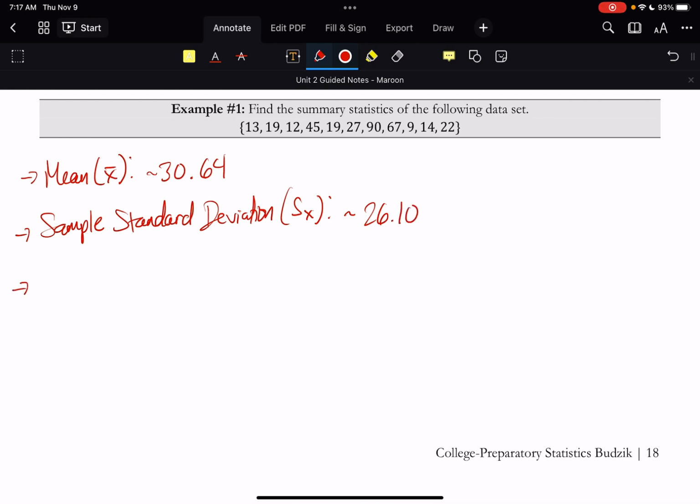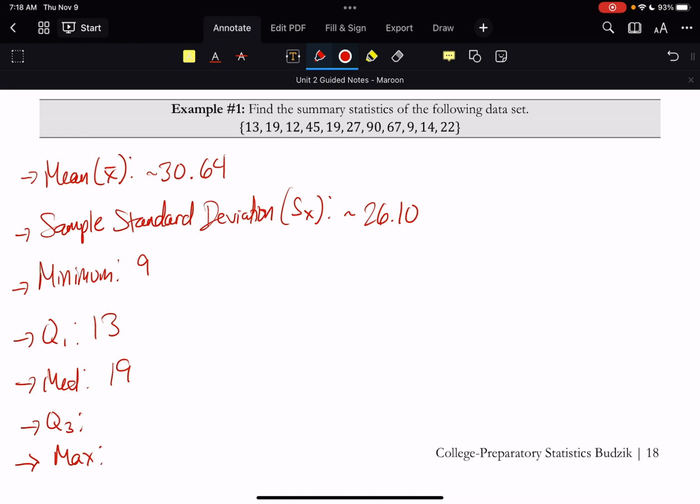And then I want my 5-number summary: my minimum, my lower quartile, my median, my upper quartile, and my maximum. Straight from my calculator, I get my minimum is 9, my lower quartile is 13, my median is 19, my upper quartile is 45, and my maximum is 90.